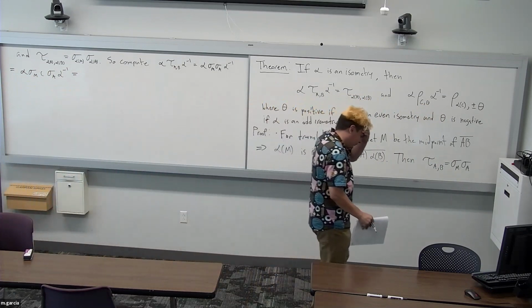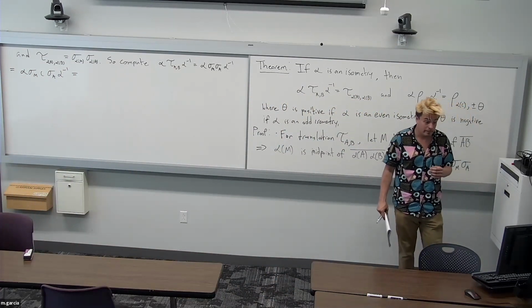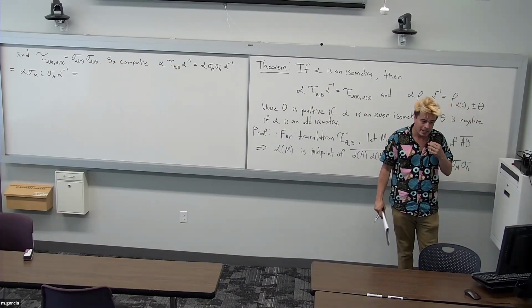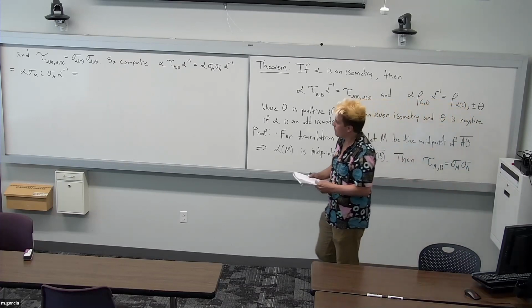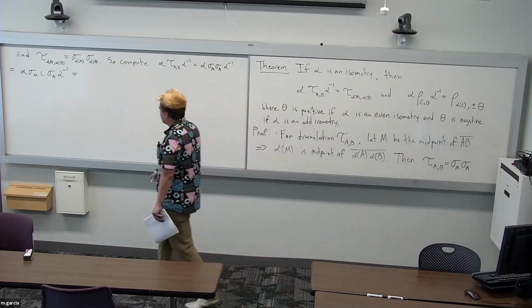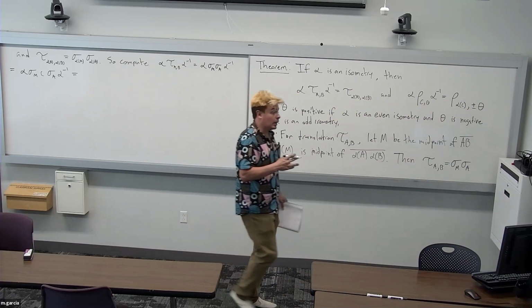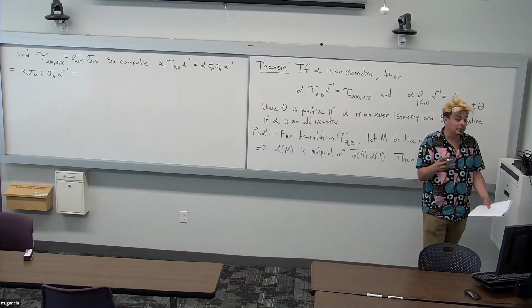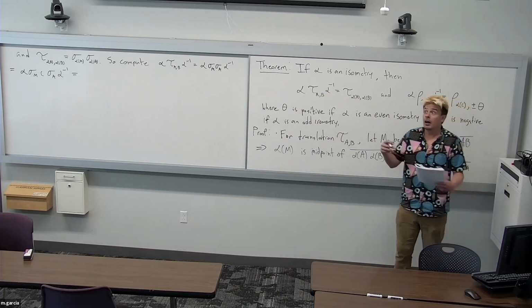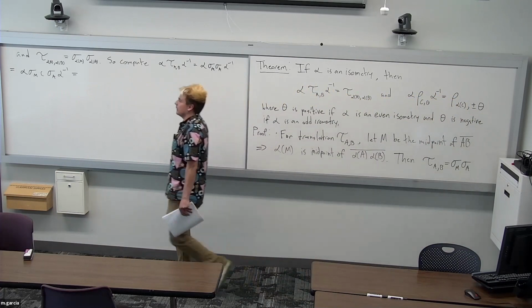Now, where should I go from here? How do I want to factor iota? Well, I'm dealing with conjugation, and I want to split this into a product of two conjugations, specifically two conjugations that I already know how to deal with.